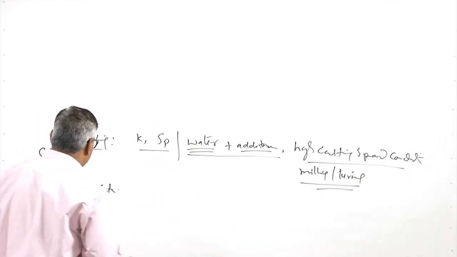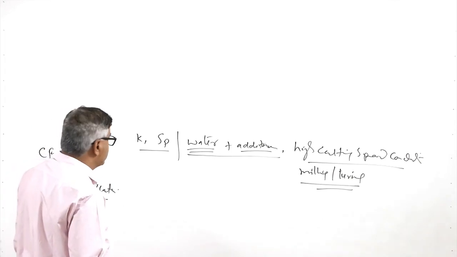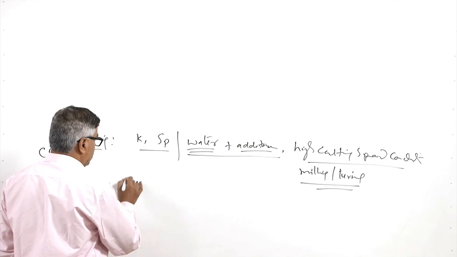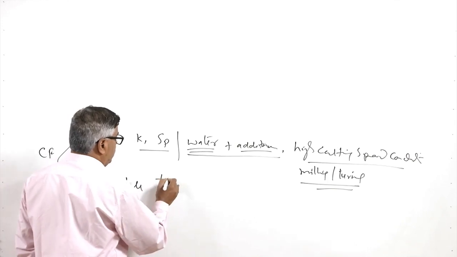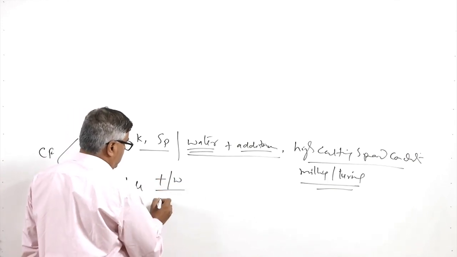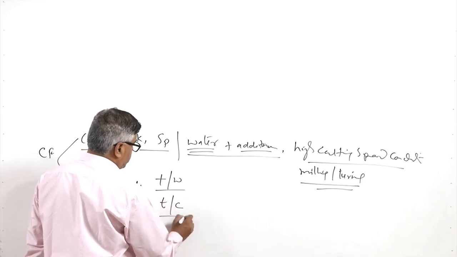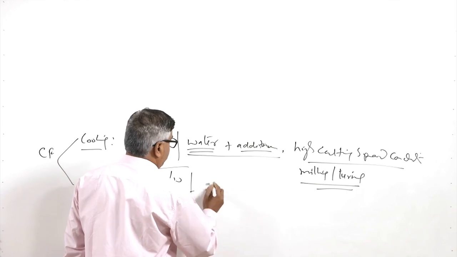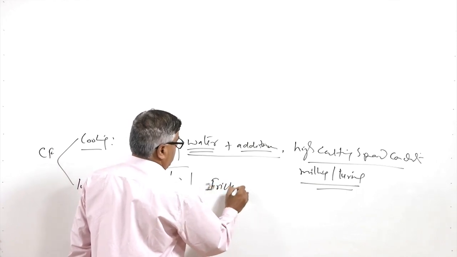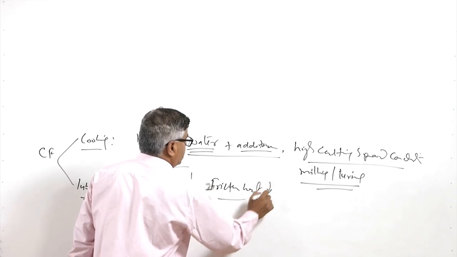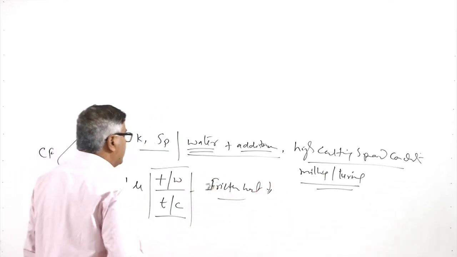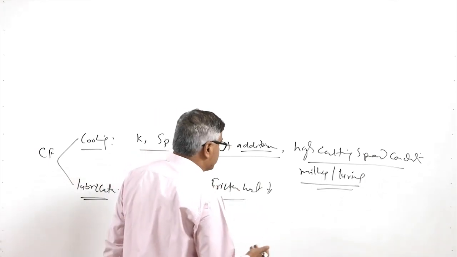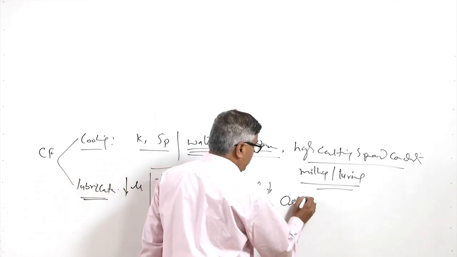Lubrication is the other function where the main objective is to reduce the friction between the tool and workpiece and the tool and the chips, so that the frictional heat can be reduced. This is the main purpose, and that is why most of the cutting fluids which are used for the lubrication purpose are oil based.